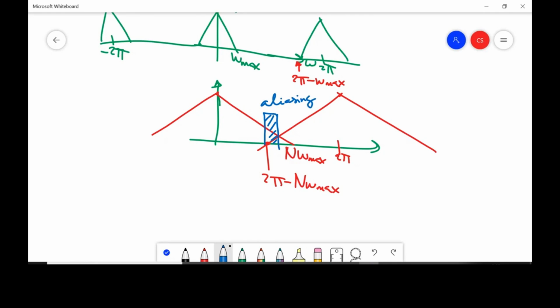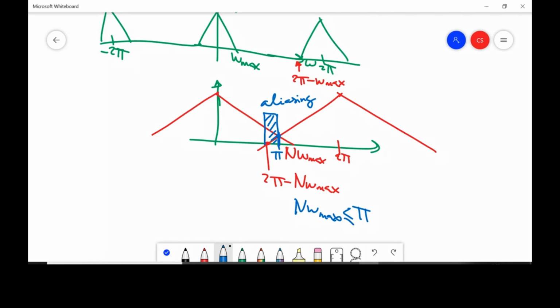Okay, so what you want is that this point here is pi. So you want n omega maximum to be smaller than or equal to pi; at most it has to be pi.